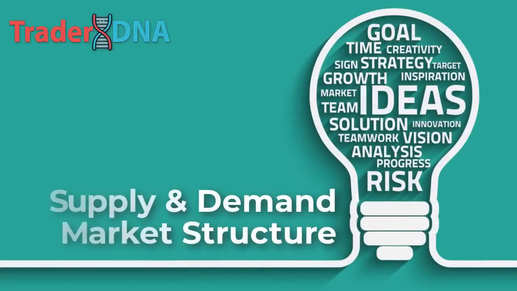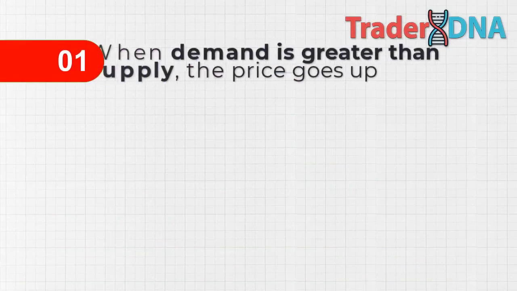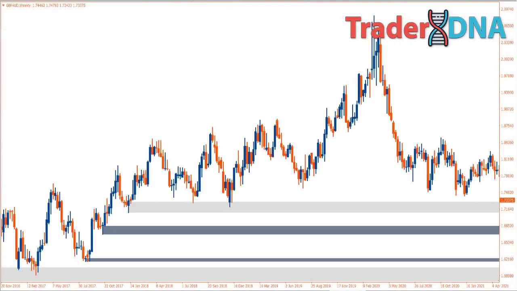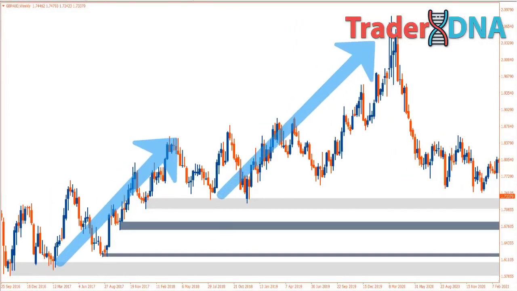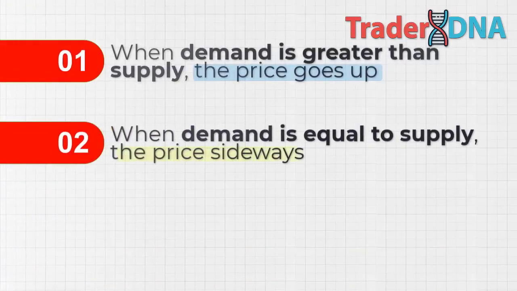Supply and demand market structure. Let's think about the three simplest concepts in trading financial markets. First, when demand is greater than supply, the price goes up. Second, when demand is equal to supply, the price goes sideways.